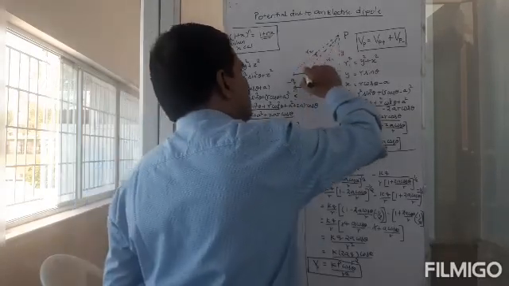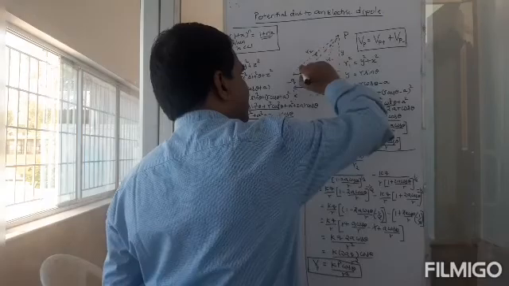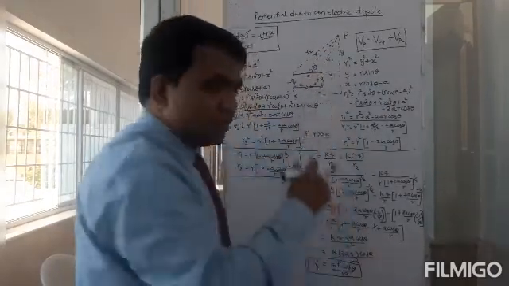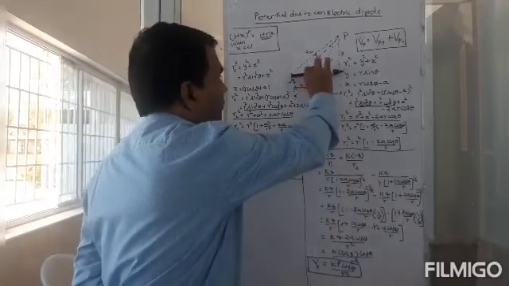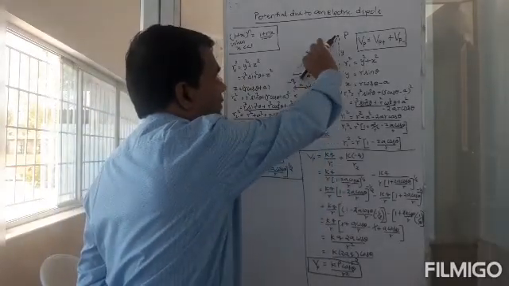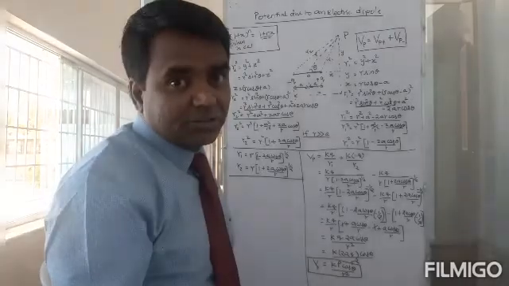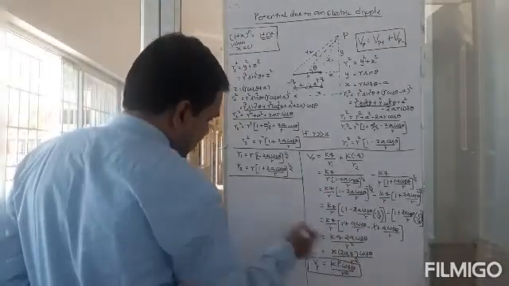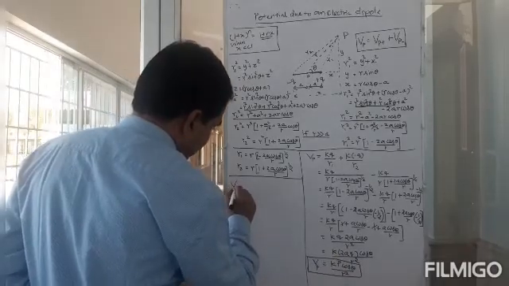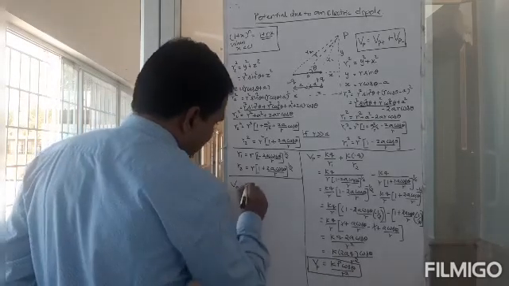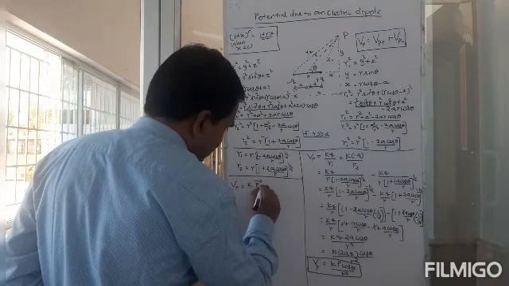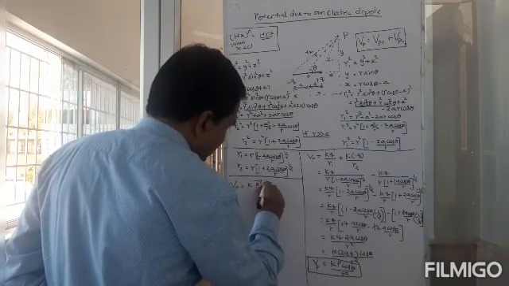So I can take the unit vector along this r vector, and then I can express this p cos theta as a dot product of the p vector and the unit vector along the r direction. Okay, so I can write the potential at the point P as k into p vector dot unit vector along the r direction.